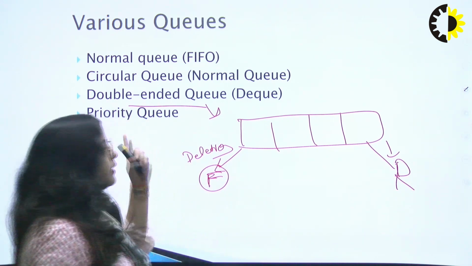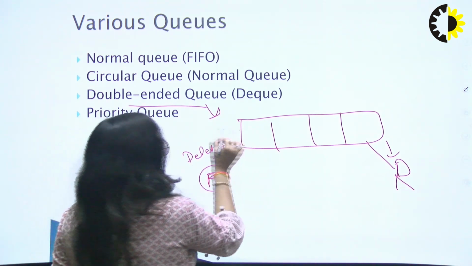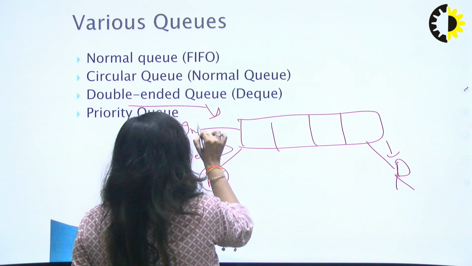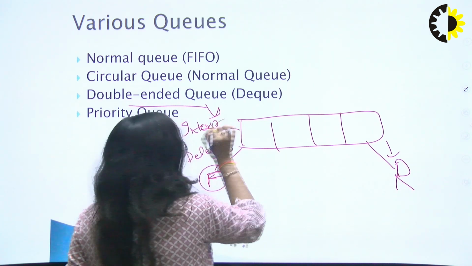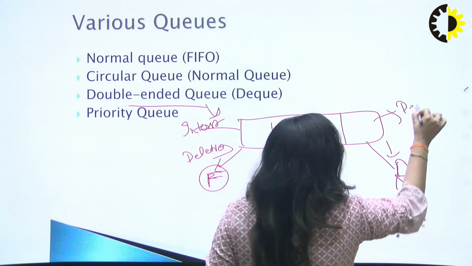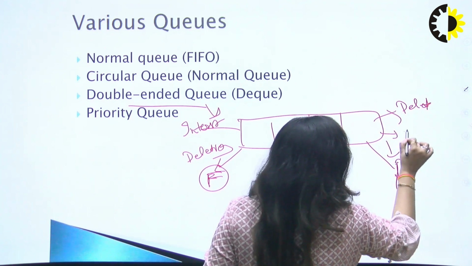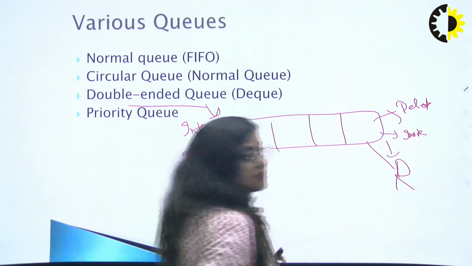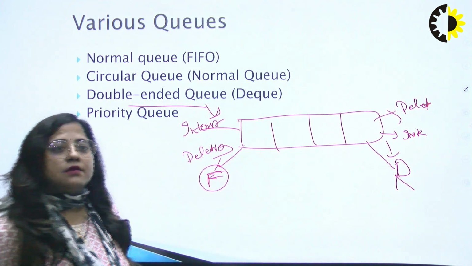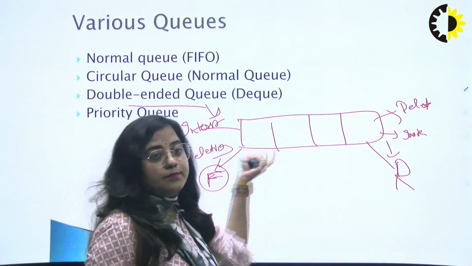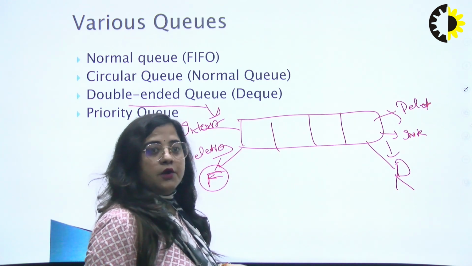Simple. But in a DQ you can insert also here, or you can also delete here. Means insertion and deletion, both operations apply on both sides. So it is called a DQ operation.